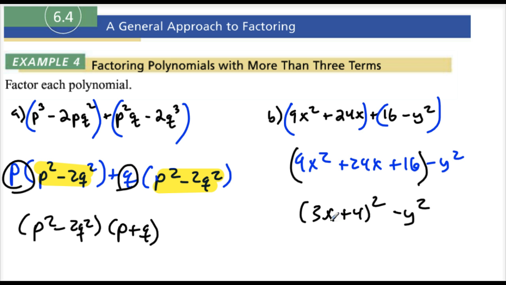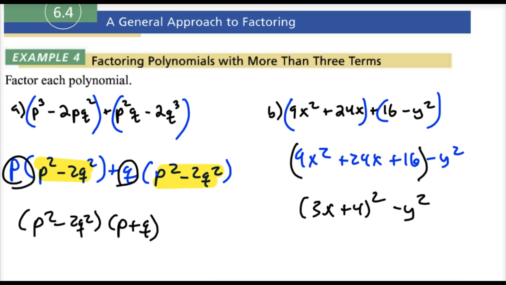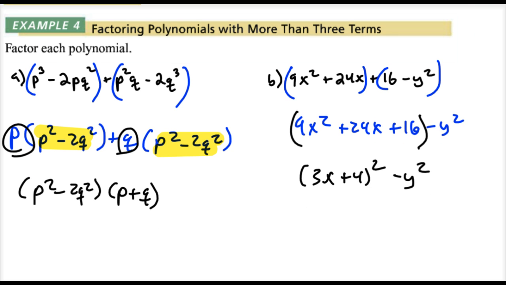Now I have something squared minus something squared. This is now a difference of 2 squares. This is pretty nerdy, man. That's what I'm talking about. So you can rewrite this as the first term plus the last term, and then the first term minus the last term. I did like a minus b, a plus b for the difference of 2 squares right there.